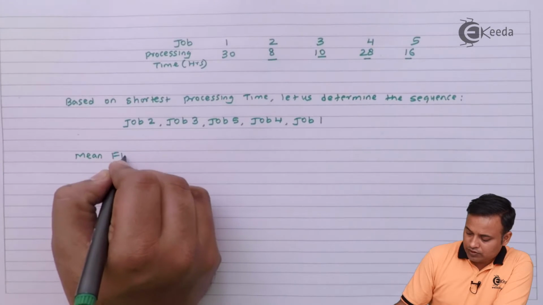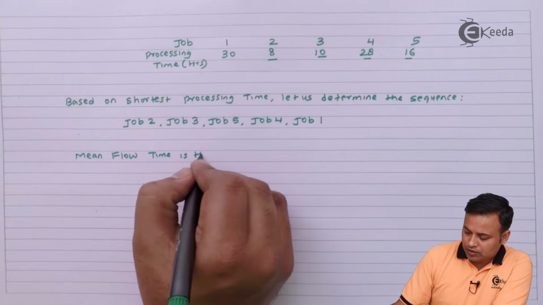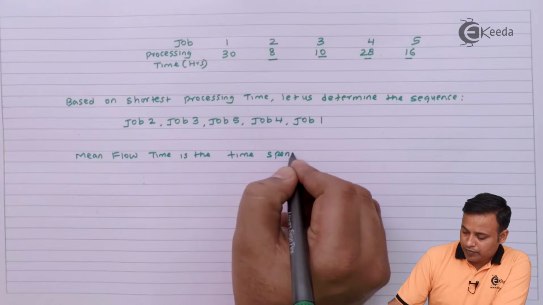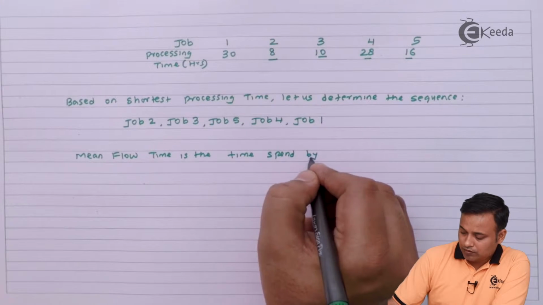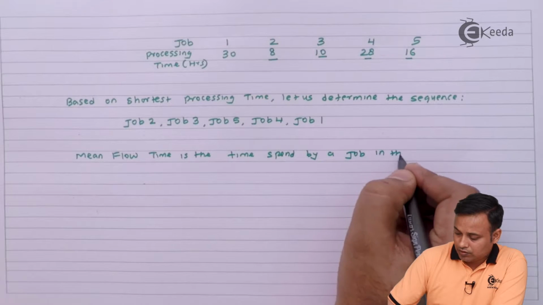We'll first write the explanation. What is mean flow time? Mean flow time is the time spent by a job in the process.